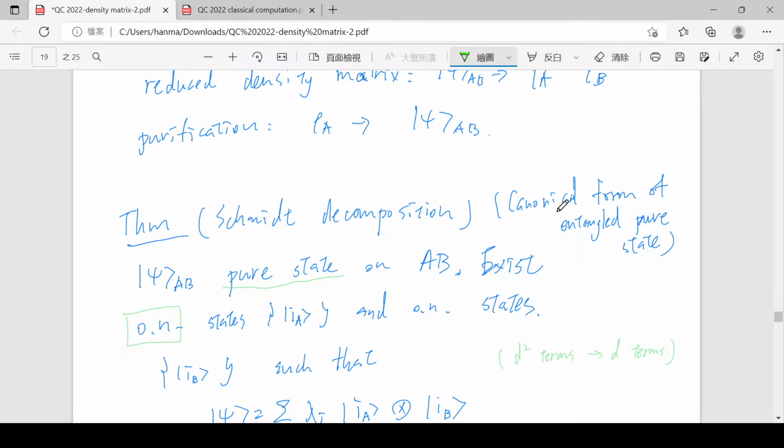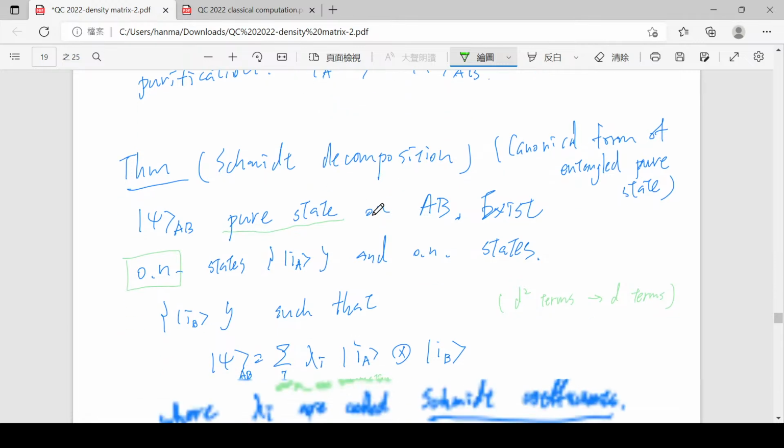And this is really a canonical form of any entangled pure state. So it needs to be pure. So that's some restriction.